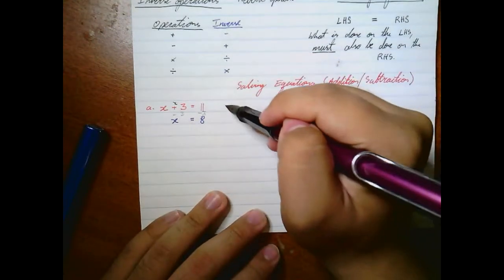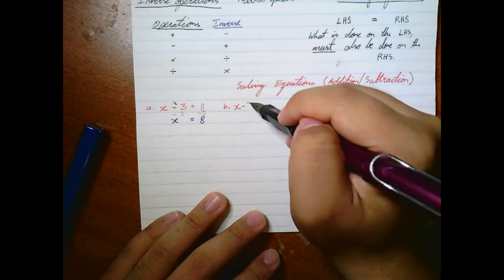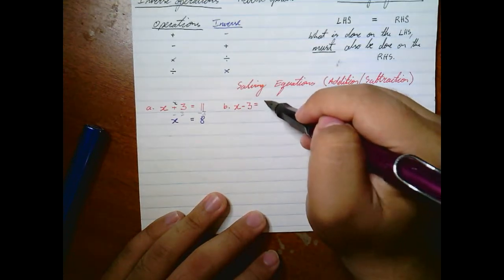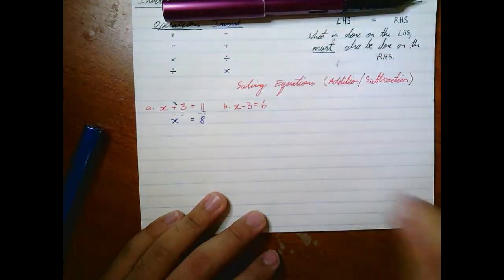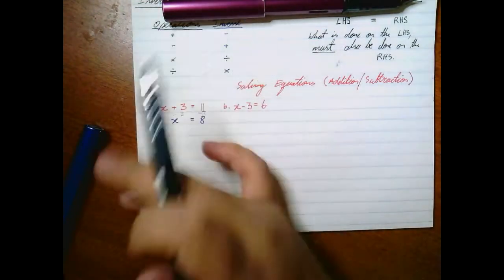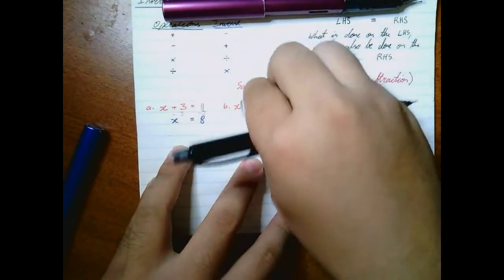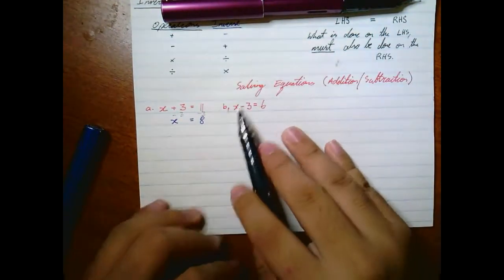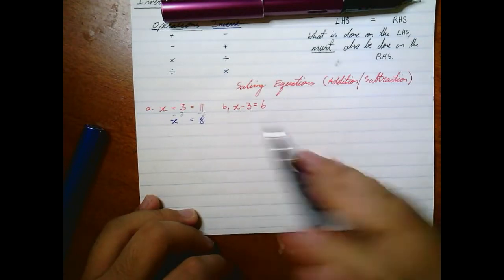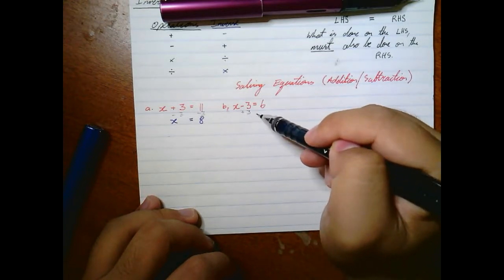Okay, question B, we have x minus 3 is equal to 6. Once again, the same question. What is the inverse operation happening here on the pronumeral? Well, it's x minus 3, so the inverse operation must be plus 3.